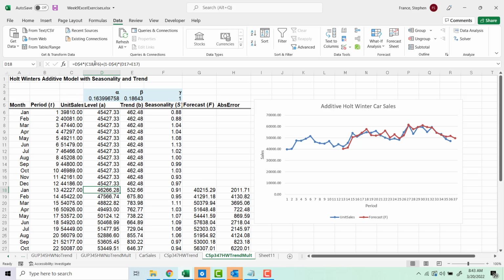When we calculate the level, again, for the current estimate of level, we take the current and we divide by seasonality. The trend isn't affected. The estimate of seasonality, again, we take the current and we divide by the seasonality. And the forecast, we now take level plus trend and we multiply the whole thing by the seasonality.